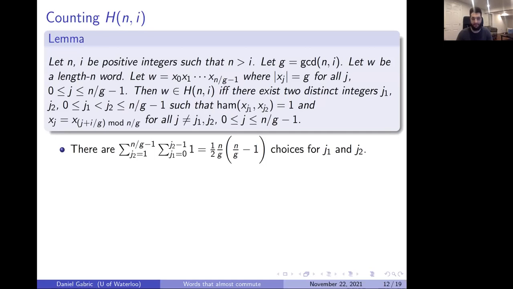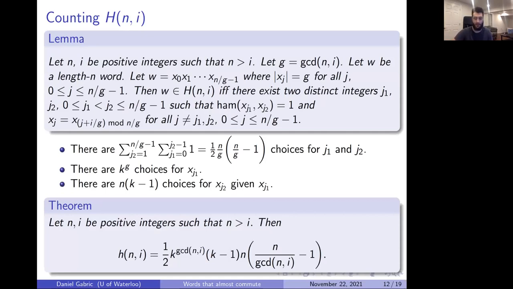Therefore, there are a half times n/g times (n/g minus 1) choices for j1 and j2. There are k to the g choices for x_{j1}. And now we know that x_{j1} and x_{j2} differ in exactly one position. So given that, there are g times (k minus 1) choices for x_{j2}. And now we just multiply all of these together and we get the following theorem, which is a formula for the number of words in big H_n^i.